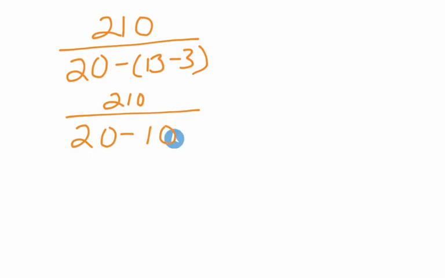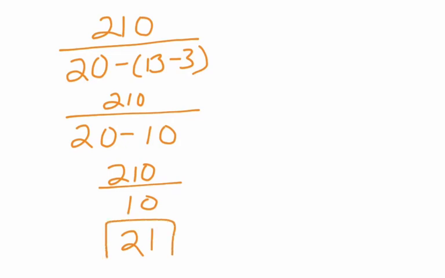Now I've got the grouping symbol of the 20 minus 10. So 20 minus 10 is 10. And again, copy down the 210. And then that is a division problem. So that is 210 divided by 10, which is 21.